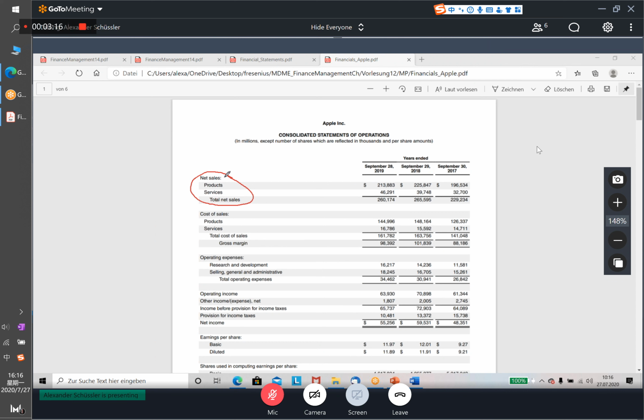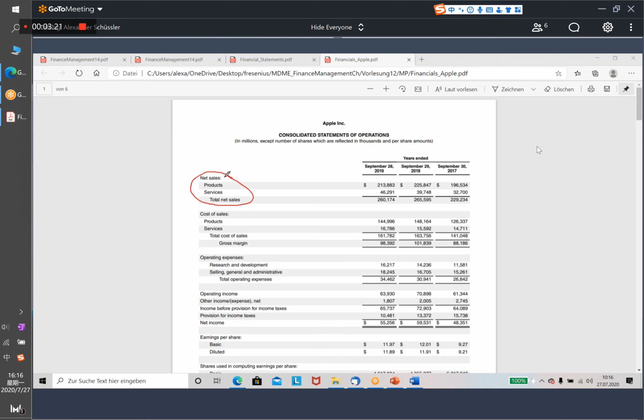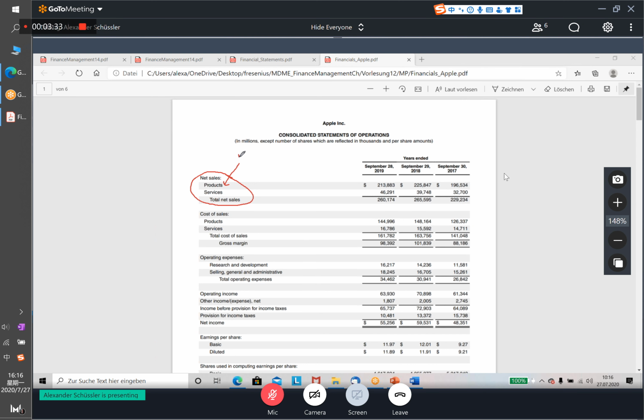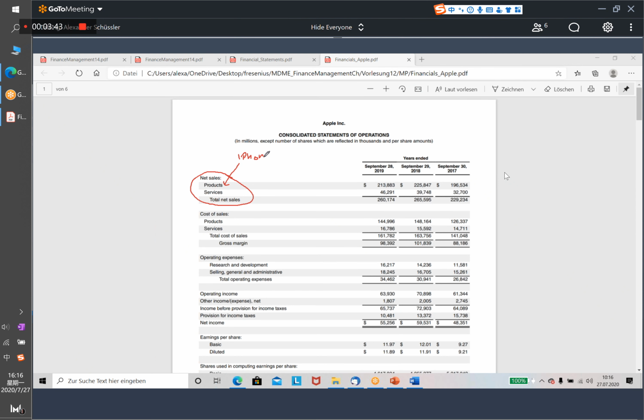How much? What are the products with which Apple generates revenue? iPad, iPhone. Exactly. So this is, for example, the iPhone or the iPad. And they also have sales revenue related to services. What is this?